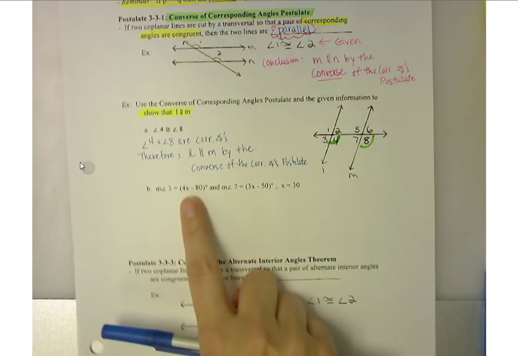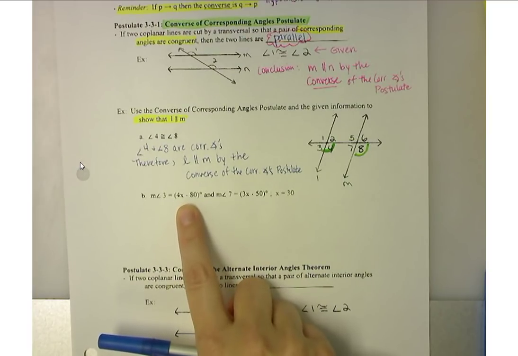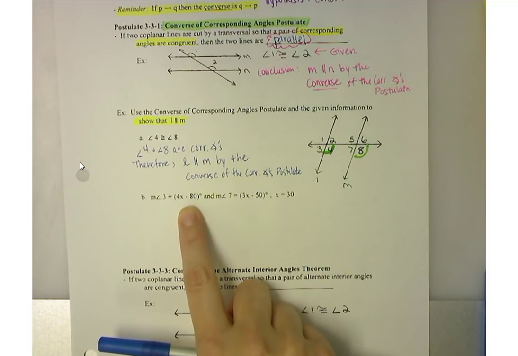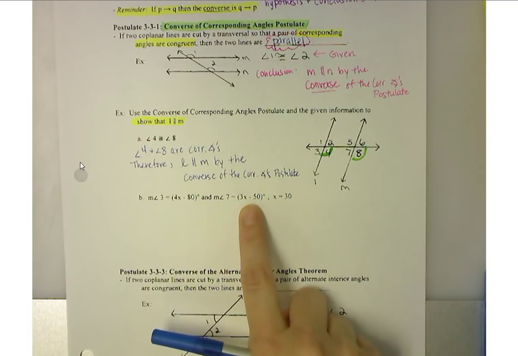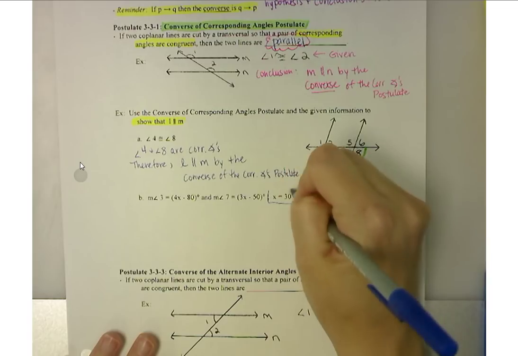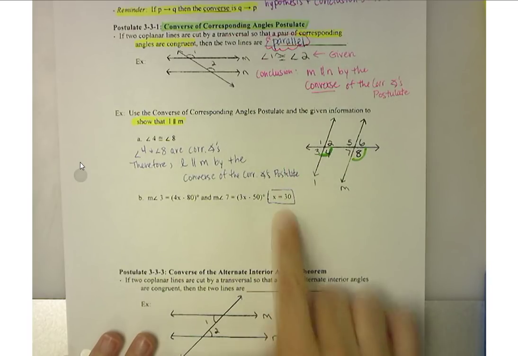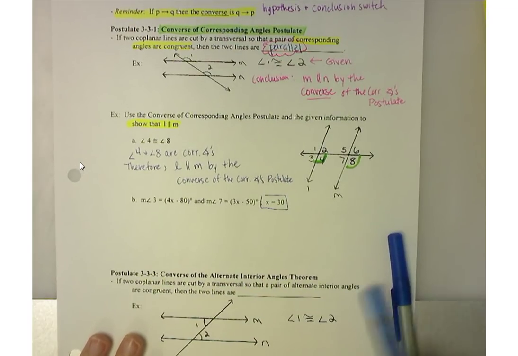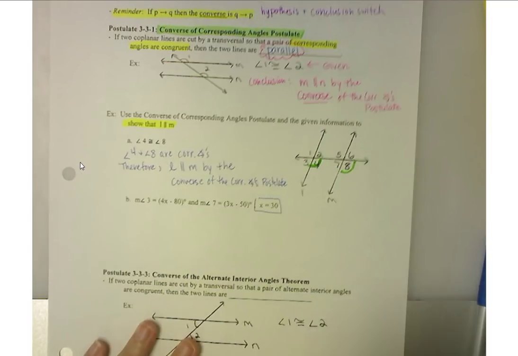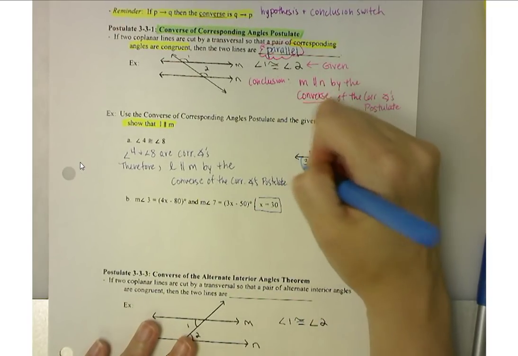So for B, you're given that the measure of angle 3 is 4x minus 80, and the measure of angle 7 is 3x minus 50, and you are given that x is equal to 30. Okay, so again, let's go ahead and find where 3 and 7 are. So those I marked with 1 line, these I'll mark with 2.